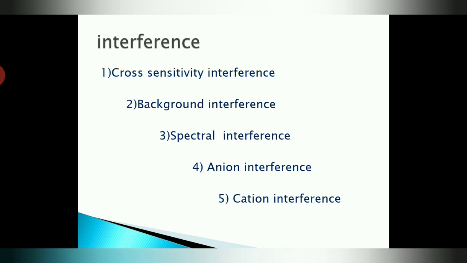As I already told in the previous chapter on atomic absorption spectroscopy, if two wavelengths are the same and we require only one, the other element interferes with it. Next is anion interference. Anions interfere as a component of salt or acid, and thus serious analytical error may be caused.